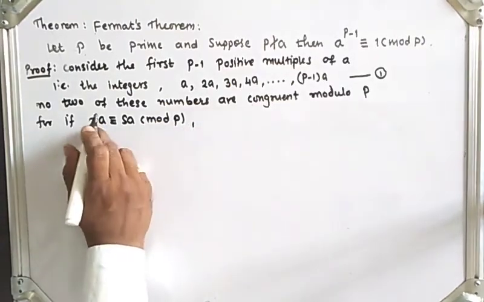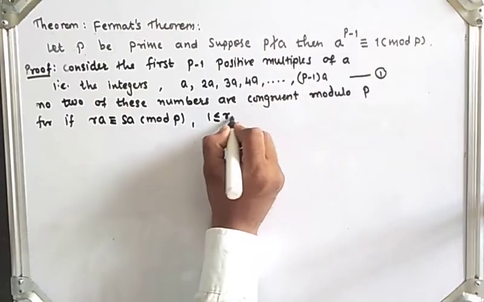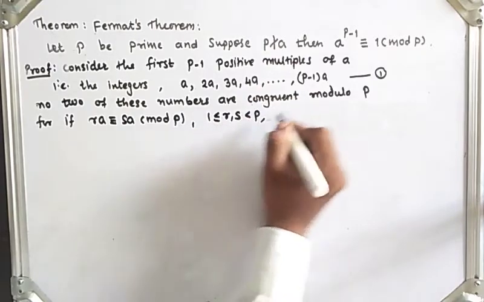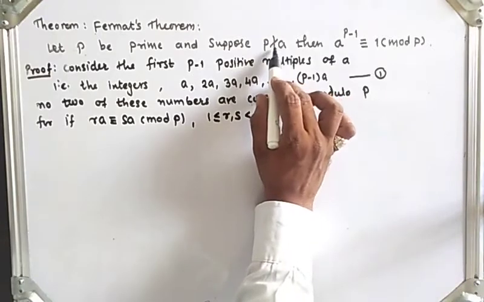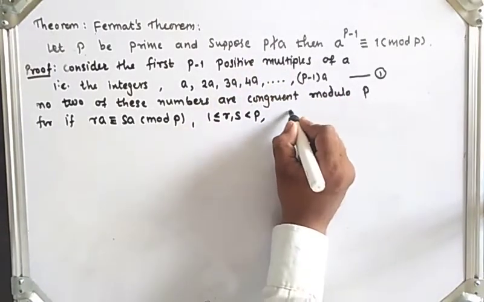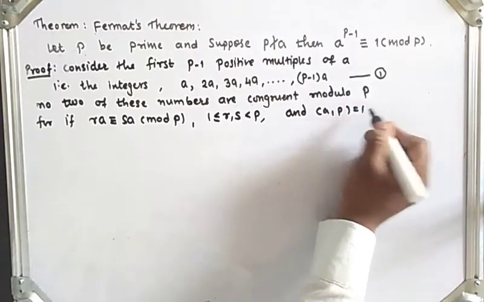So the condition on r and s is 1 less than or equal to r, s less than p, and we know that p does not divide a, which means the GCD of p and a is 1.